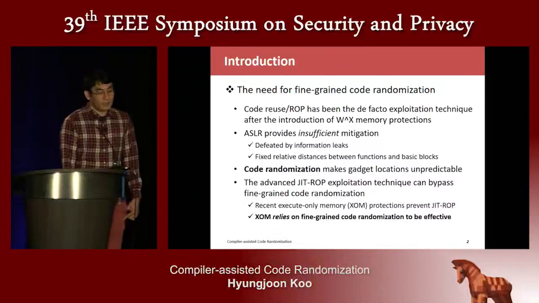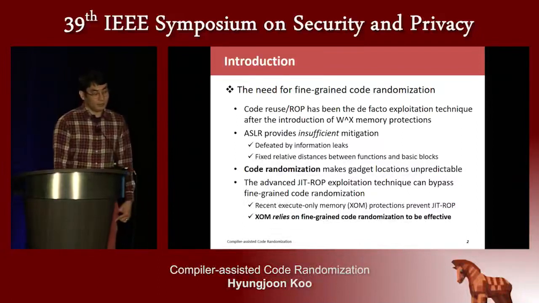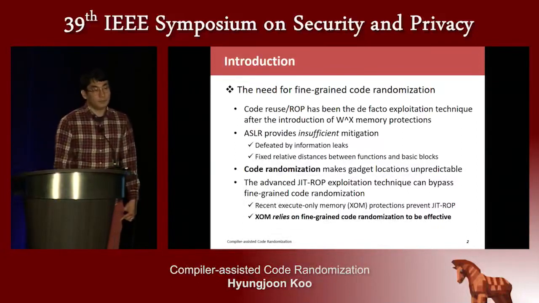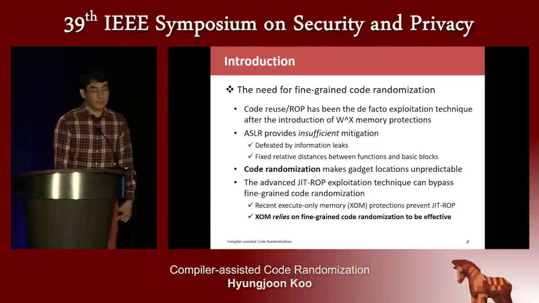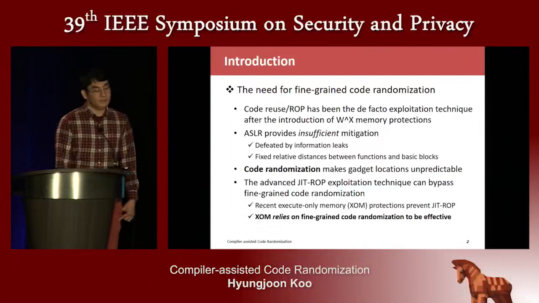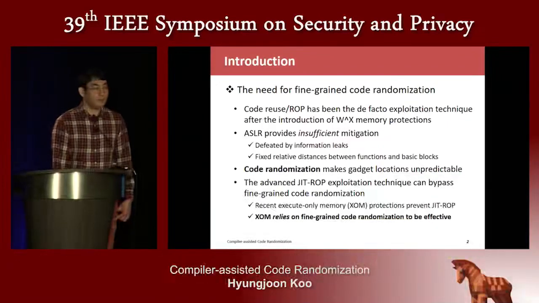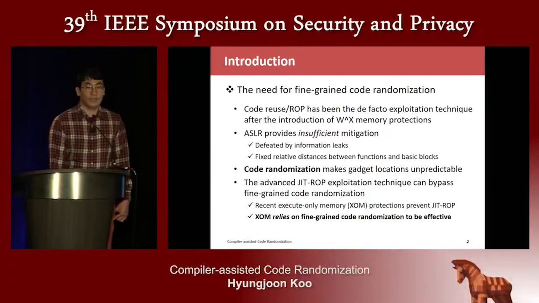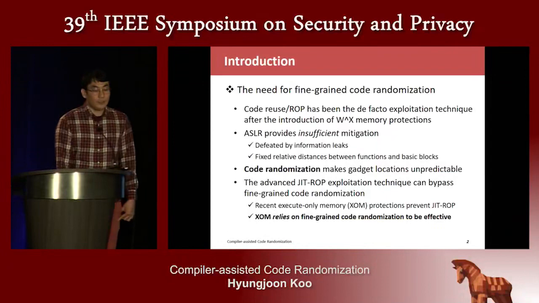Address space layout randomization has been introduced and deployed by modern operating systems, but it does not provide sufficient mitigation. It is defeated by information leaks, because relative distances between functions and basic blocks are maintained. That's why we need fine-grained code randomization.